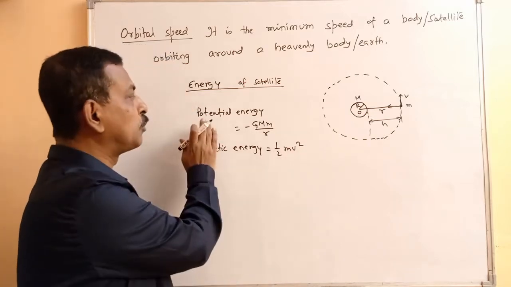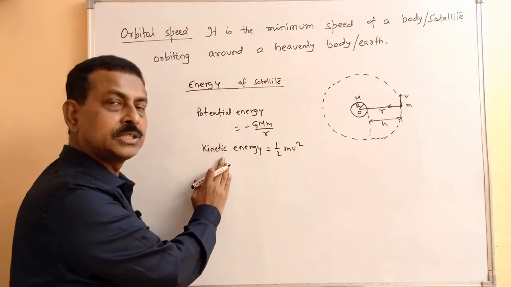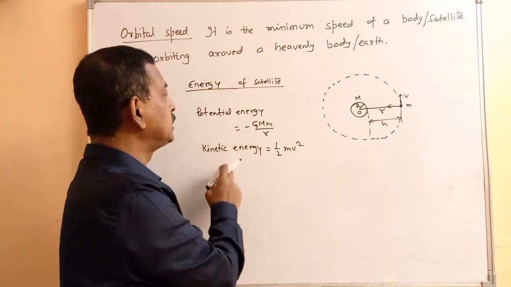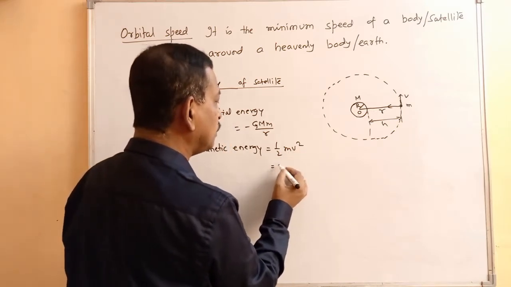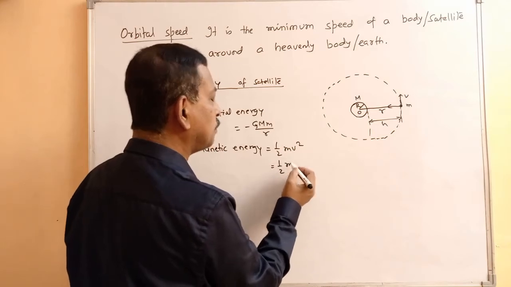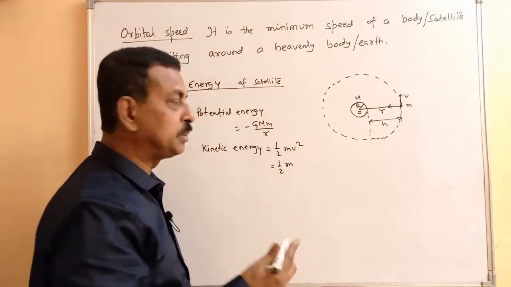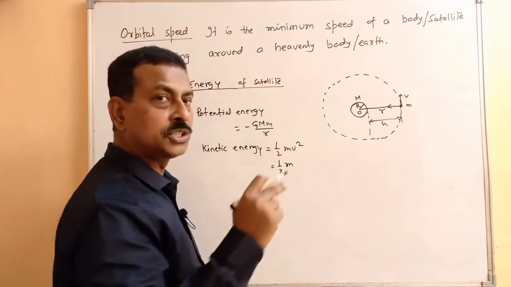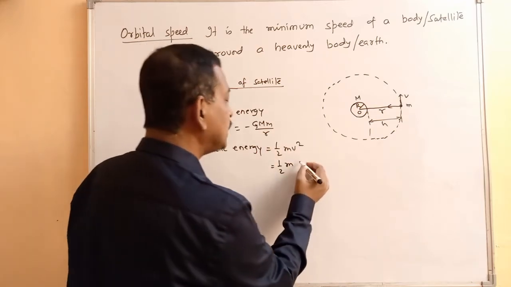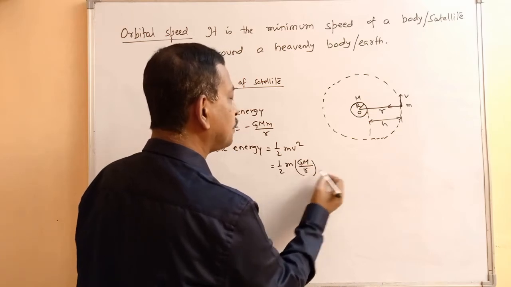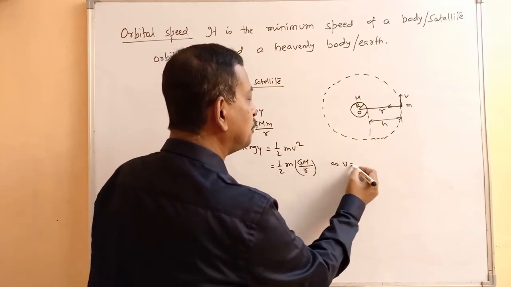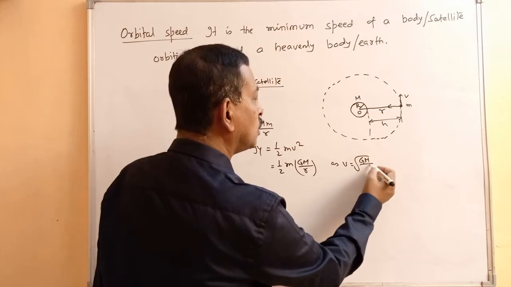So now we have the potential energy and the kinetic energy, and we can find the total energy just by taking their sum. For v squared, if you substitute the orbital speed expression, v is root over GM by r, so it will simply be GM by r.